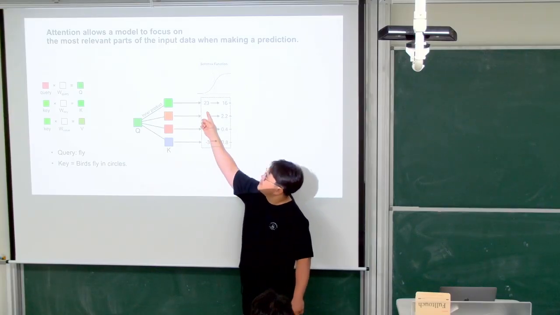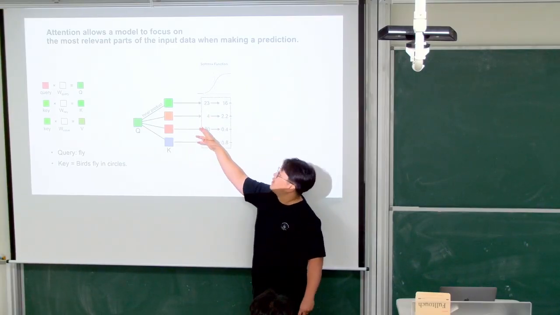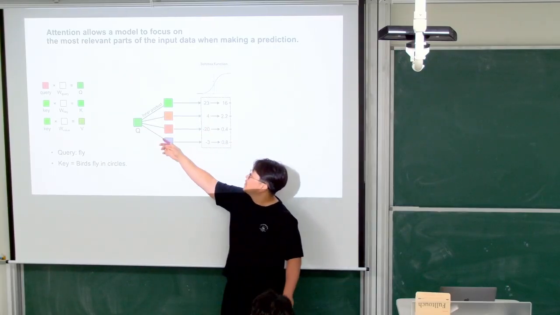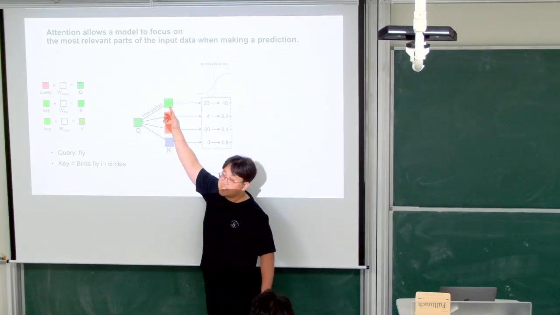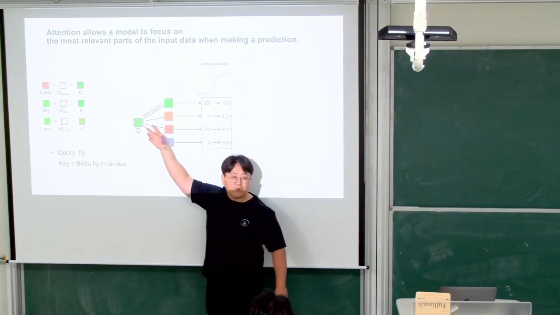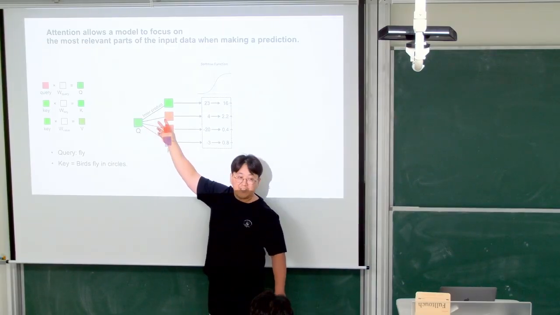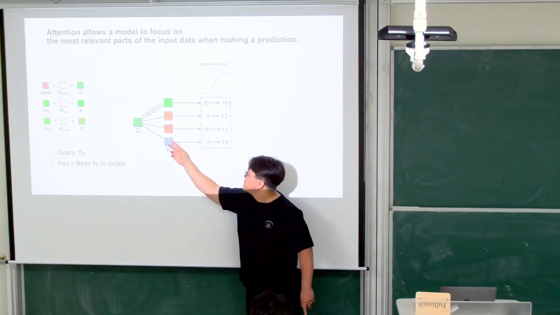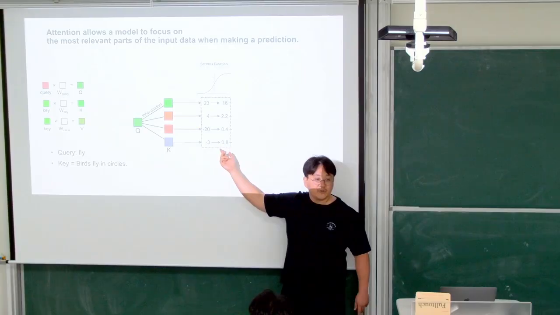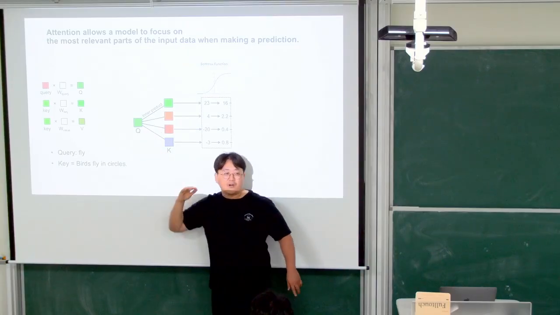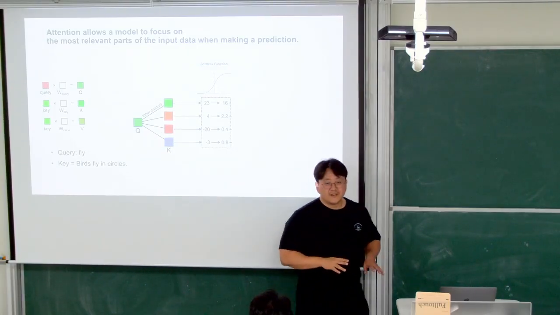If this score is large, then we can think that this Q and this K tensor are highly correlated or strongly related, right? If this score is a negative value, we can think that this K and Q are not related.